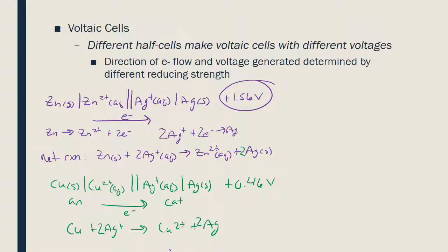That shows us that copper has the greater reducing power, forcing silver to be reduced and copper to be oxidized. So depending on what the half cells are and what their makeups are, you're going to have to determine who's going to be oxidized and who's going to be reduced. Therefore, you know who's going to be at the anode, who's going to be at the cathode, which direction the electrons are going to go, and therefore you can create a net reaction and then determine what the voltage difference is going to be.